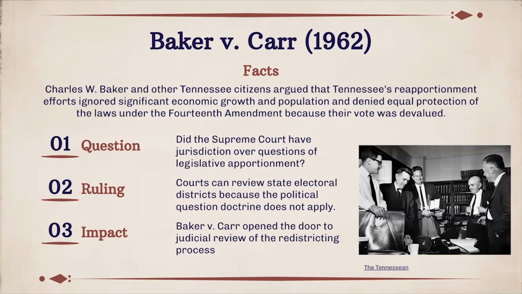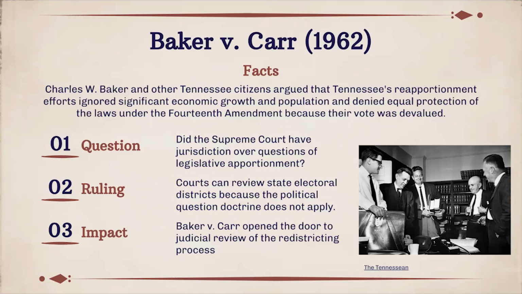And so they sued, saying that Tennessee's reapportionment efforts ignored the significant economic growth and population shifts that had taken place in the state since 1901. And that this meant that the votes of people in rural areas had a proportionally greater value than the votes of people in urban areas.